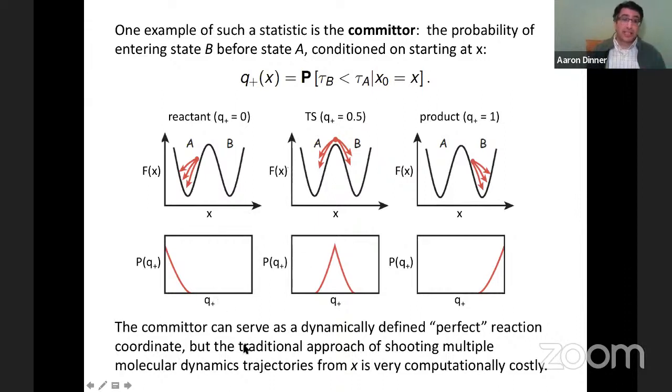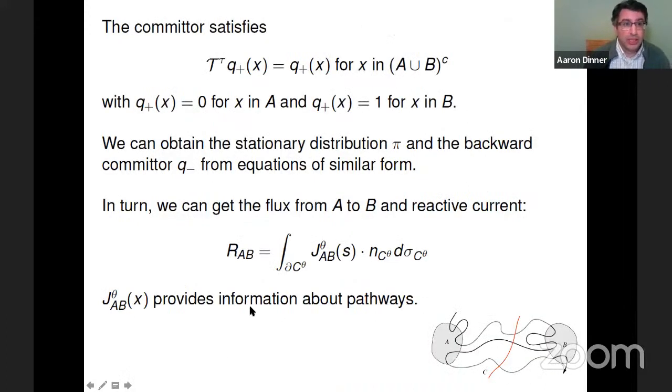But traditionally, this has been a very hard statistic to obtain, because traditionally what people have done is they've started with a configuration and then randomized momenta and then run new molecular dynamics simulations. And so to evaluate the committer for a single configuration actually takes many more simulations. Okay. So what we're going to do instead is solve an operator equation for the committer.